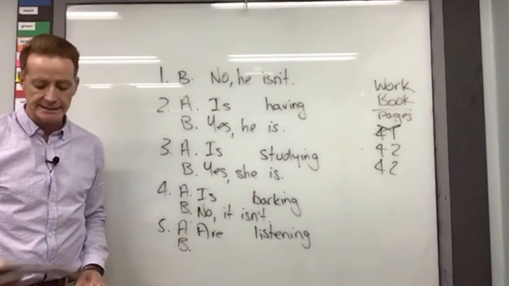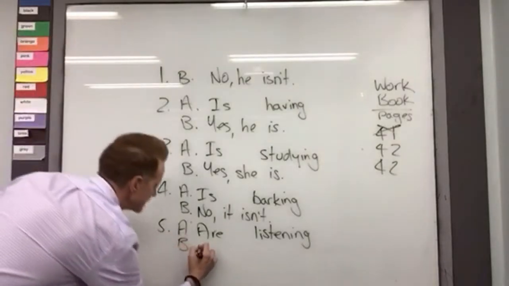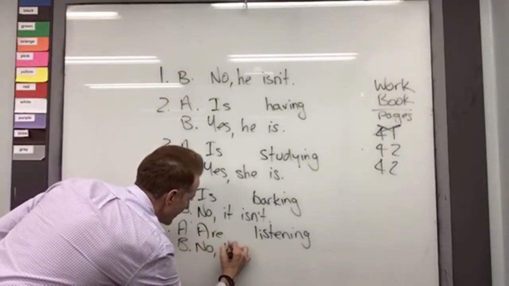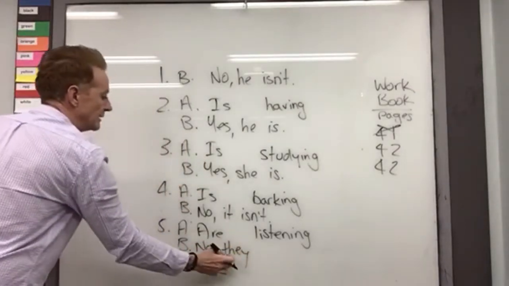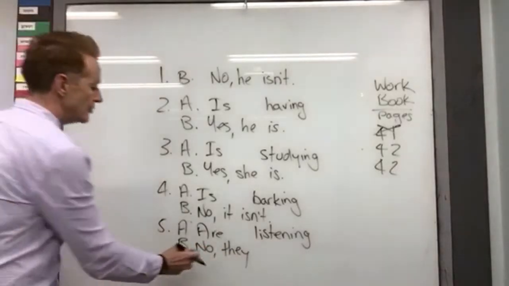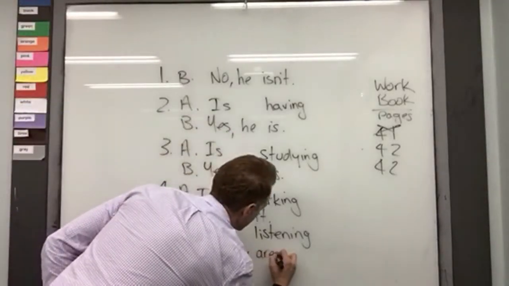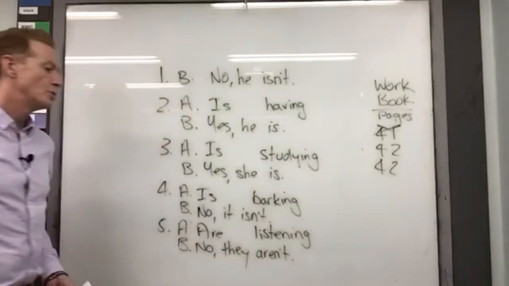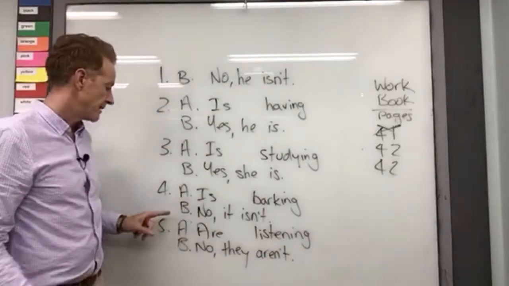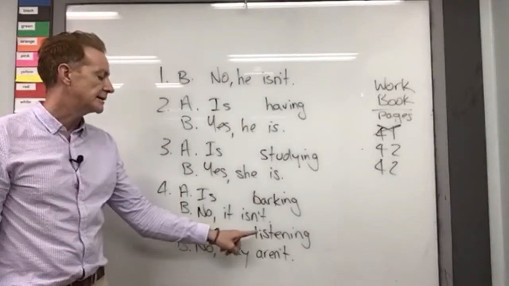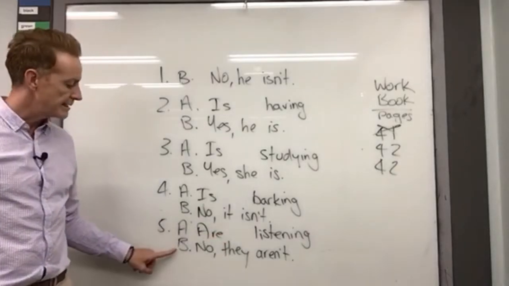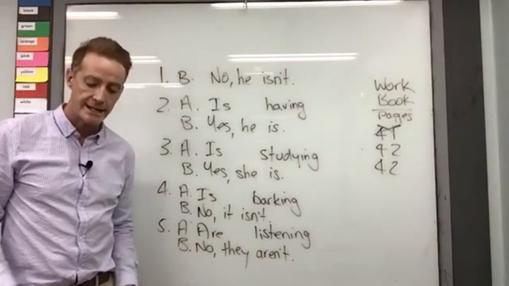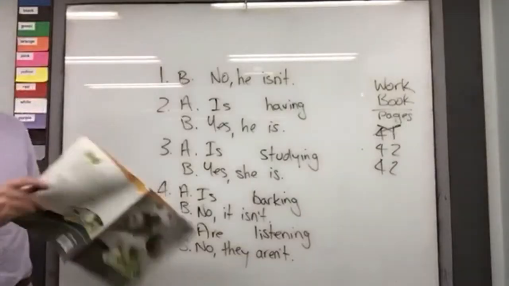The answer says no, they, because it is 2 people. They is Tom and Jack. No, they aren't. So number 5, are Tom and Jack listening to rap music? Answer, no, they aren't.